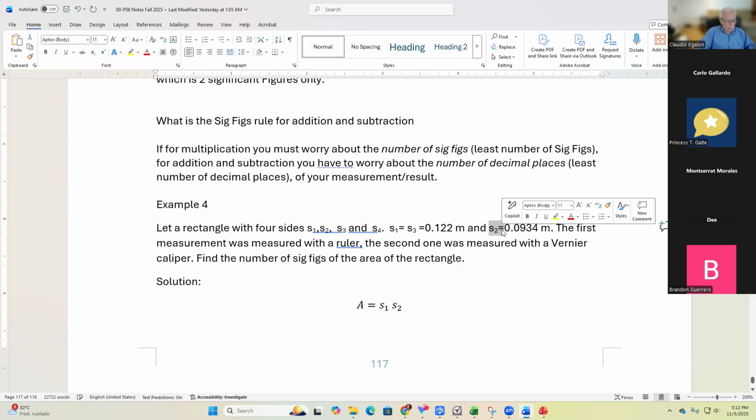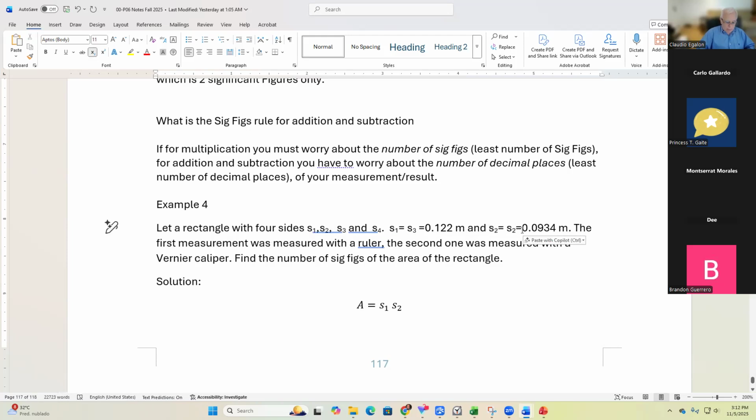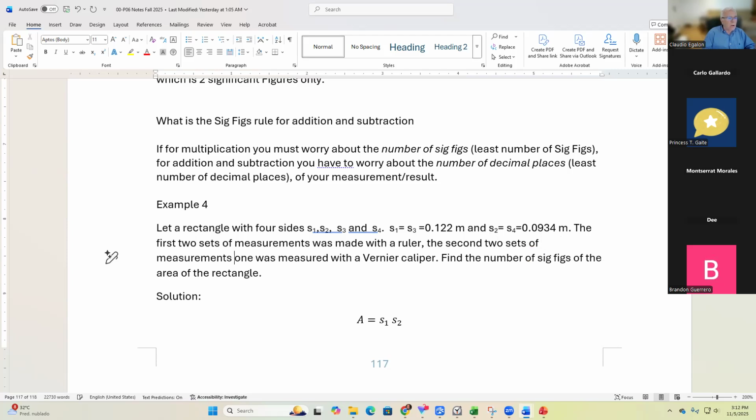S2 is going to be equal to S4 because it's a rectangle, right? The first measurement was made with a ruler. The second one was made with a vernier caliper. The first two sets of measurements were made with a ruler. The second two sets of measurements were made with a vernier caliper.